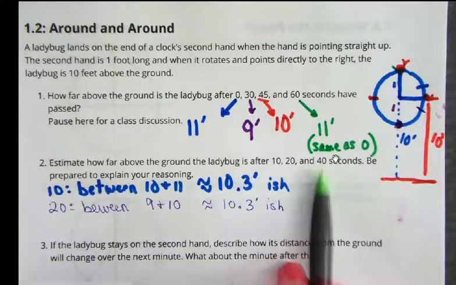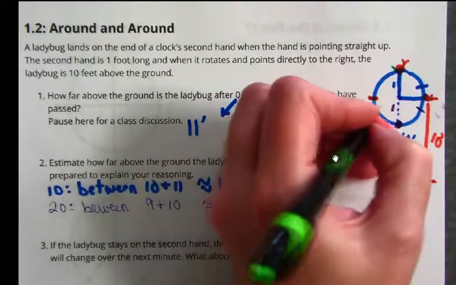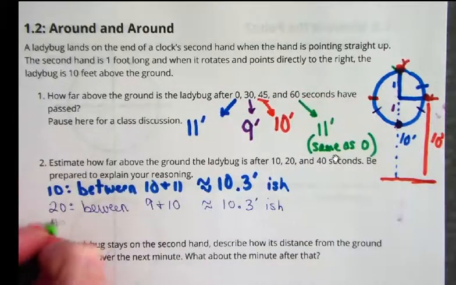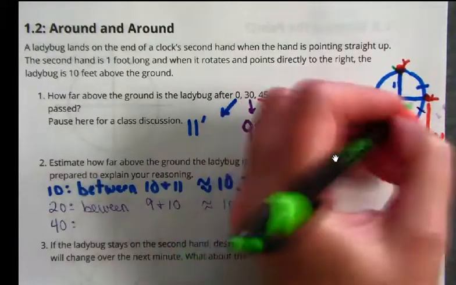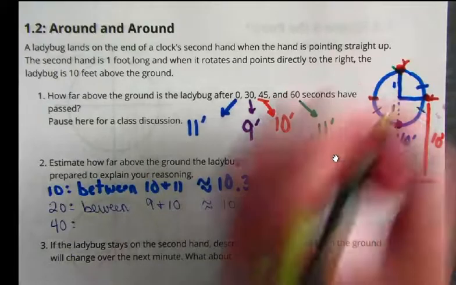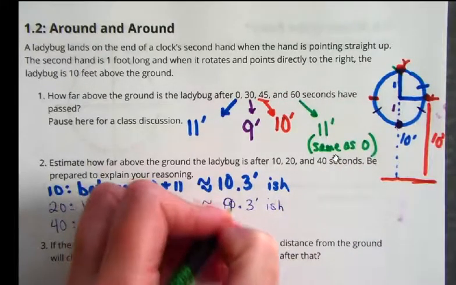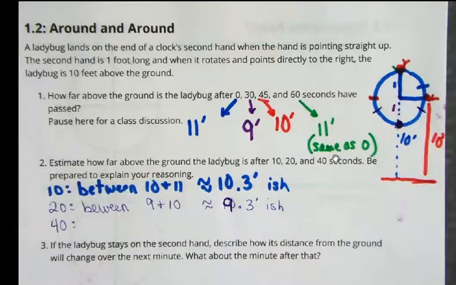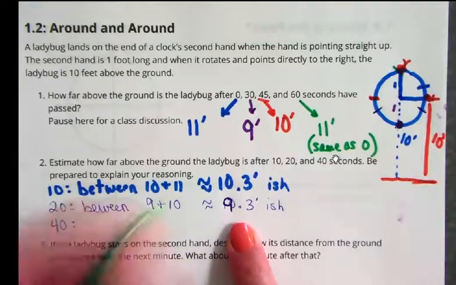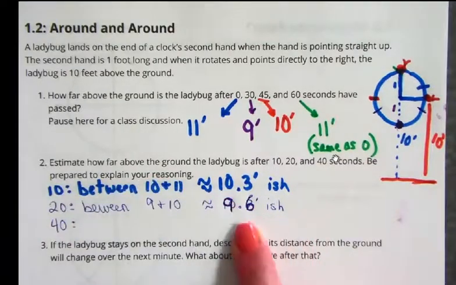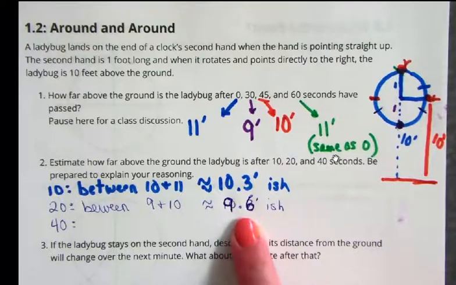And at 40 seconds, well, 40 seconds is over here. It's 5 seconds away from 45. What do you know? Wait a second. This should be... Sorry about that. That should be 9.6-ish or something like that. Oh, I caught myself.